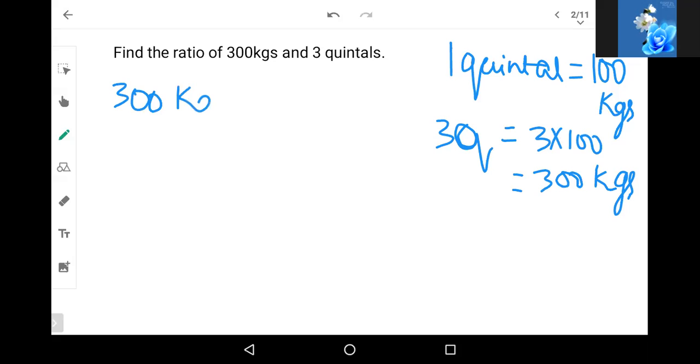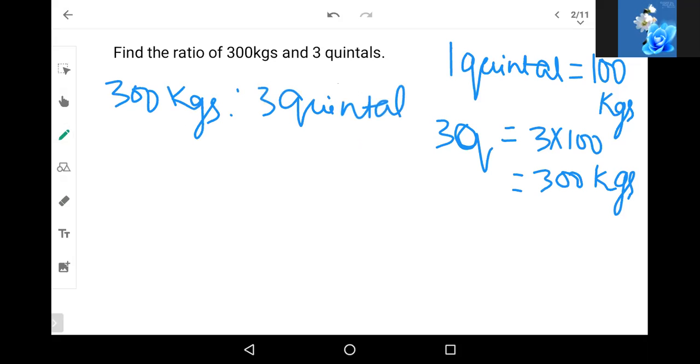300 kgs is to 3 quintals, that is 300 kgs is to 300 kgs.